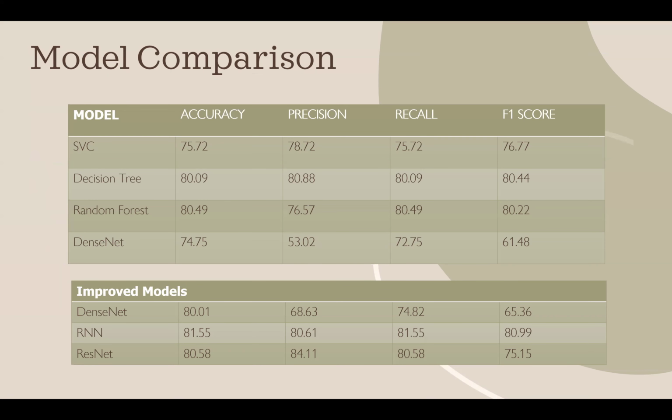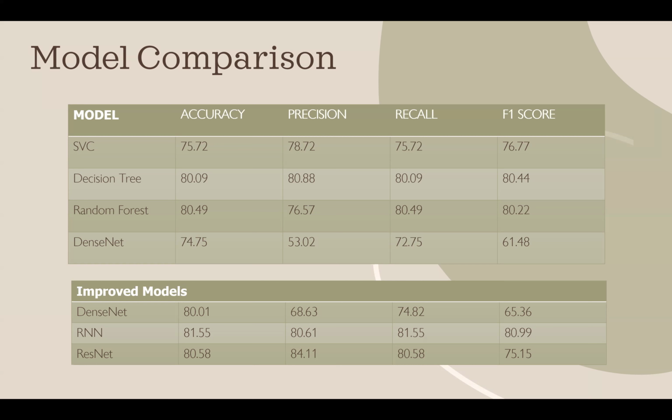Okay, here is the final model comparison results, in which the model scores are displayed. This classification task analysis compares machine learning models which used audio data on accuracy, precision, recall, and F1 score.